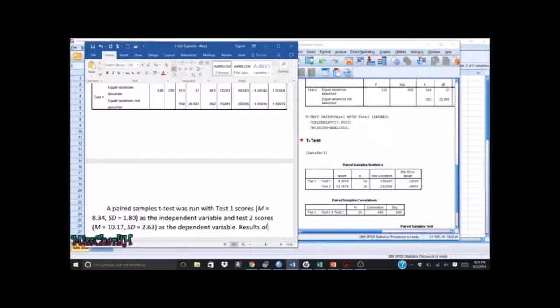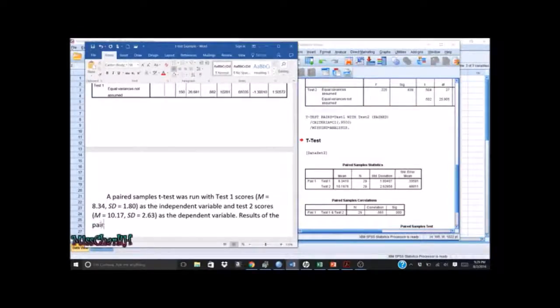Results of the paired samples t-test showed, I don't like the word showed. I don't know why. That test 2 was significantly... And right here you can put higher, lower, worse, better, more green, whatever it is that you're looking at.